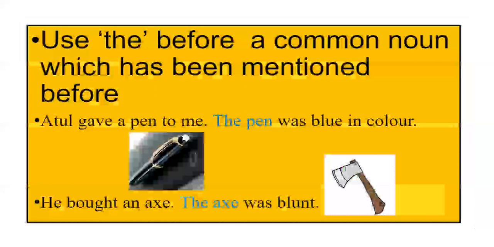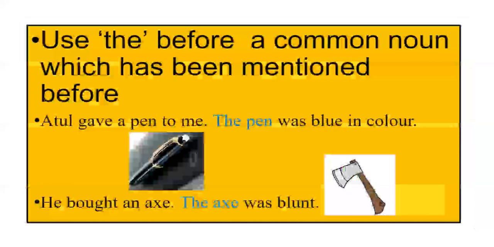Okay. Moving on to the next rule for the usage of the. The is used when we are talking about a common noun for the second time. Like Atul gave a pen to me. The pen was blue in color.